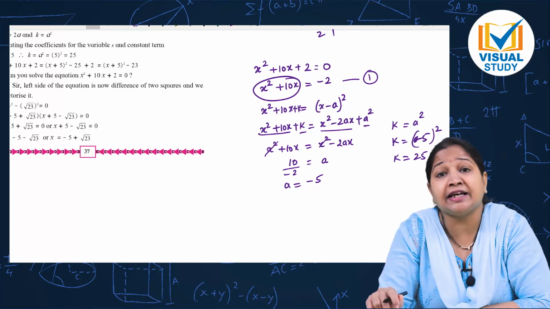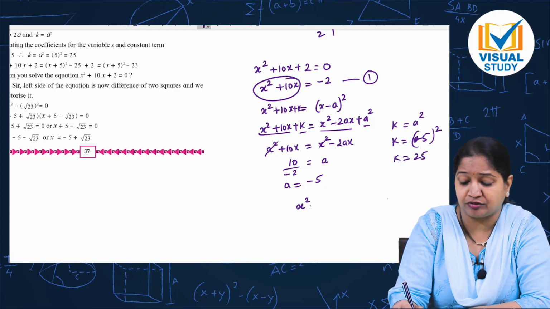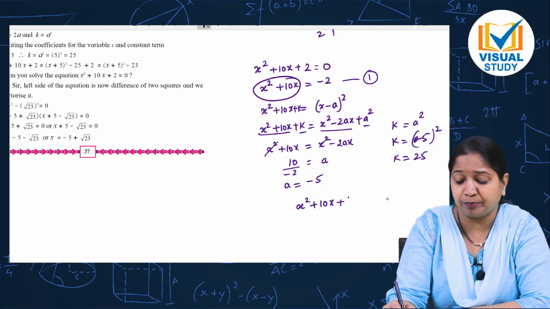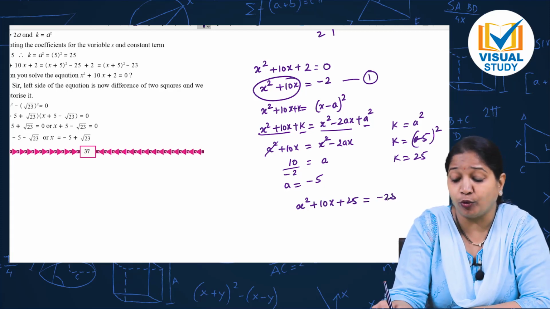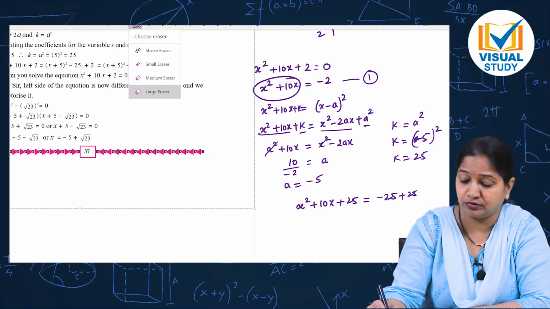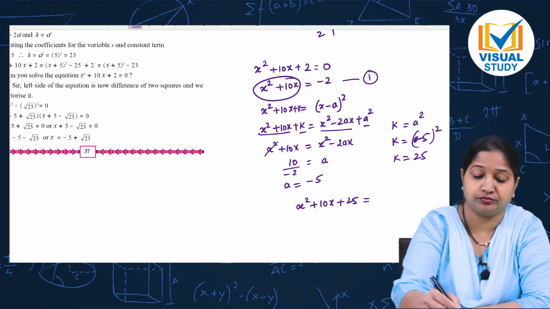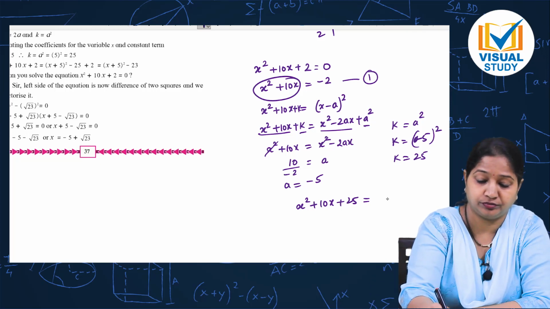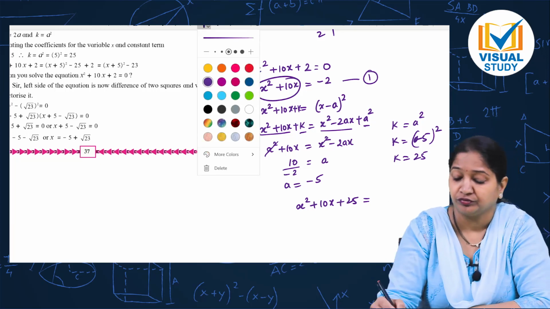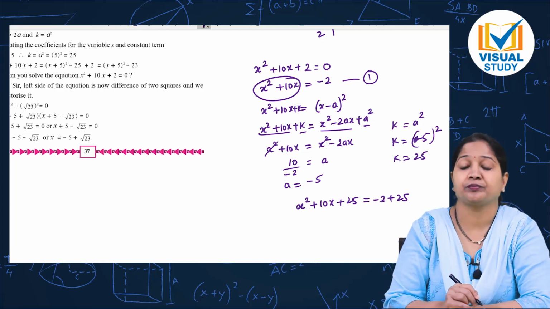You have to add k equal to 25 in the first equation, that is x square plus 10x plus 25, to both the sides. You have to add this 25 to both the sides.